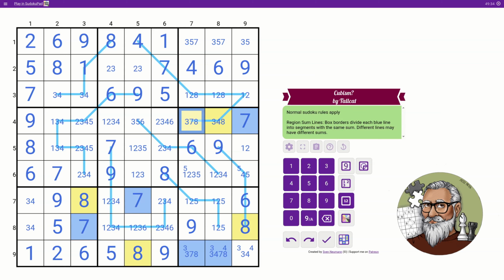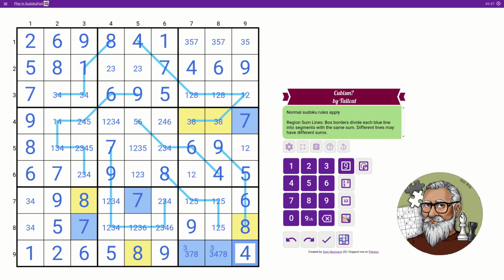Right. Okay, so this is still a 3, 8 though. Right. Okay, do I know more about this one? No, but I know what that is. It's a 5. So this becomes a 4.